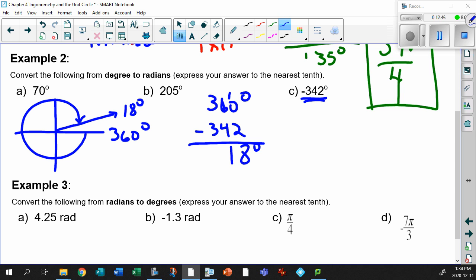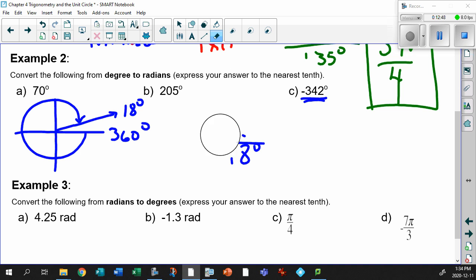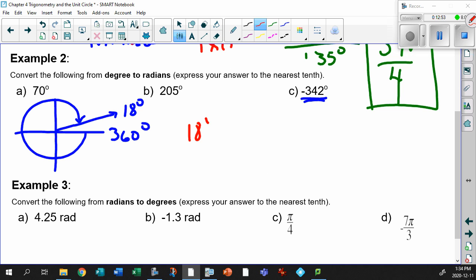Okay, let's figure out 18 degrees then as a rad. Here we go. 18 degrees. On the bottom, of course, is your degrees, which is 180 degrees in 1 pi radian. Beautiful. Degrees and degrees cancel.